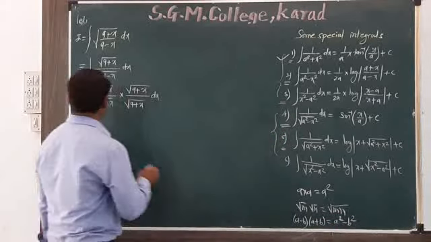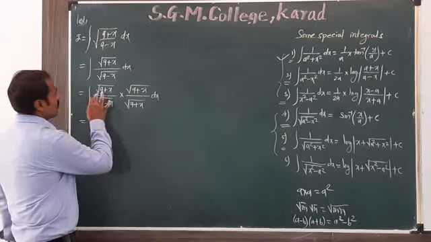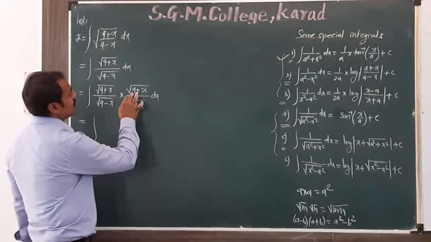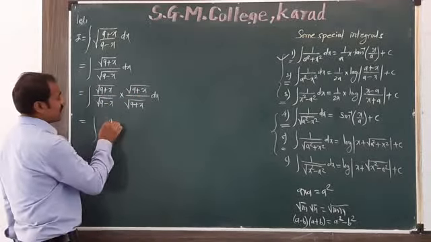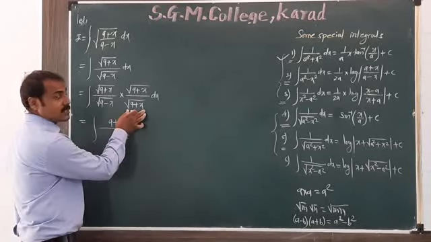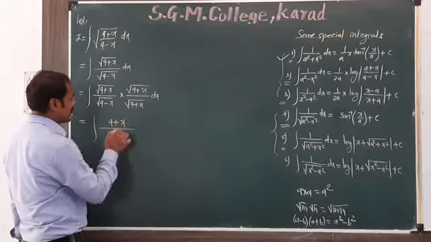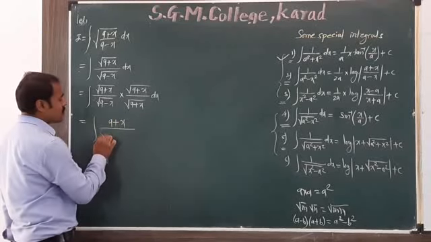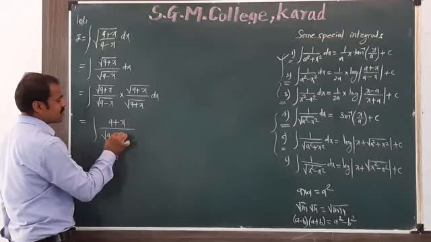So using these formulas, root of 9 plus x into root of 9 plus x, we get 9 plus x, divided by root of (9 minus x) into (9 plus x).